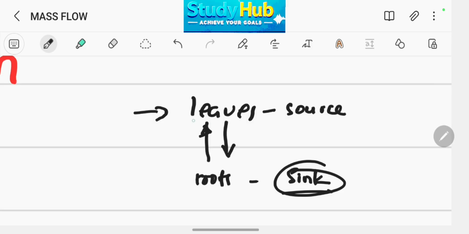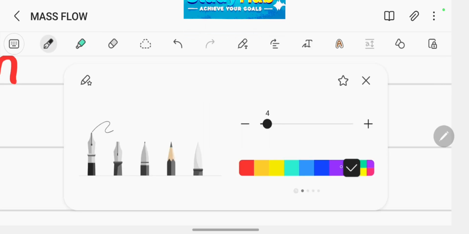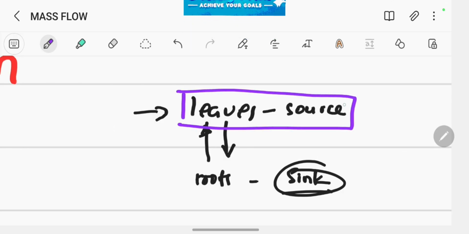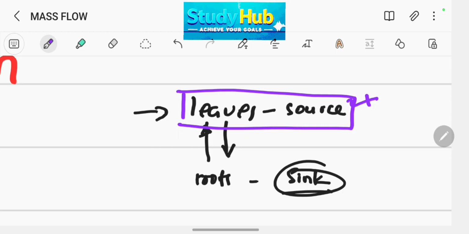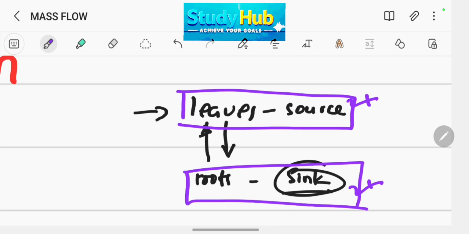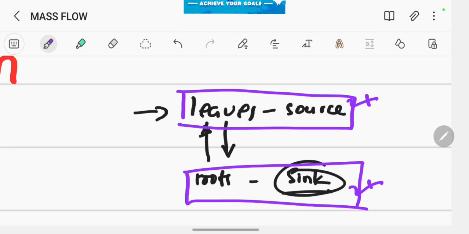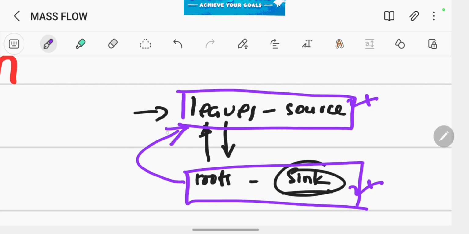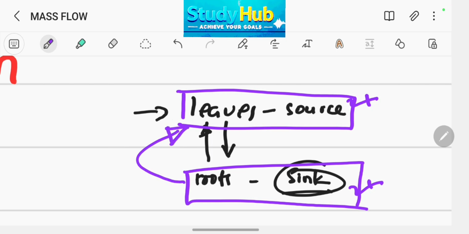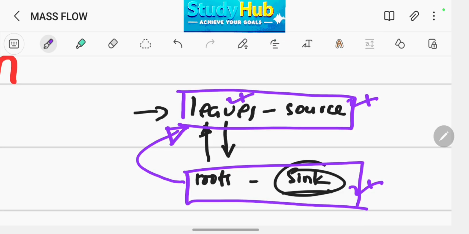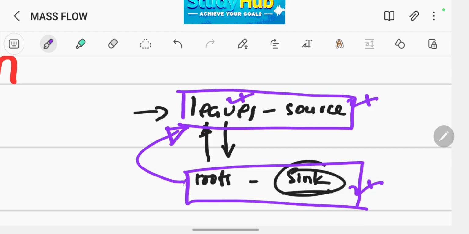If the leaves are the ones that are providing the carbohydrate, we call them the source. Then if the roots are the recipients, we call them sink. Then if the roots are the ones supplying carbohydrates to any organ, the organs may be the leaves, the fruits, anything, these roots are going to be the source.